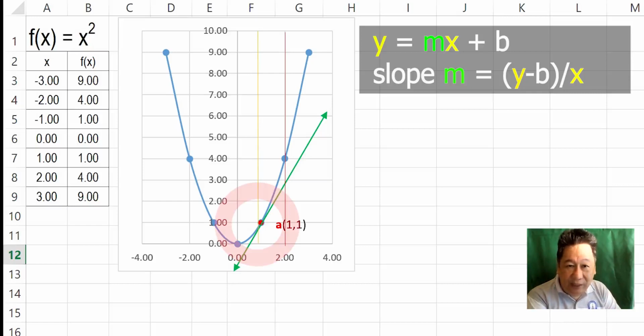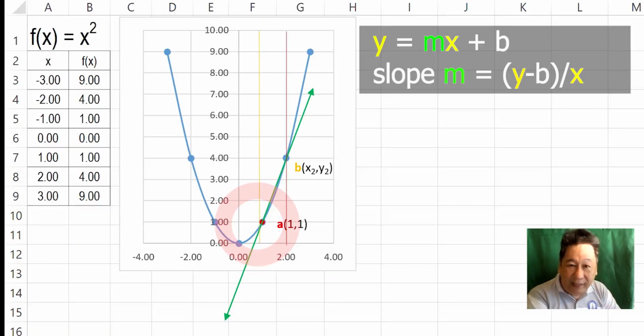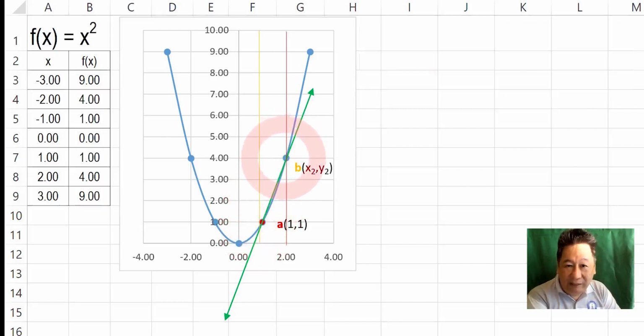So here we can start by drawing a secant line from point A to another point on the curve, point B. So if point A is at (1, 1), point B is somewhere at (x2, y2). Now, can we get the slope of this second line?